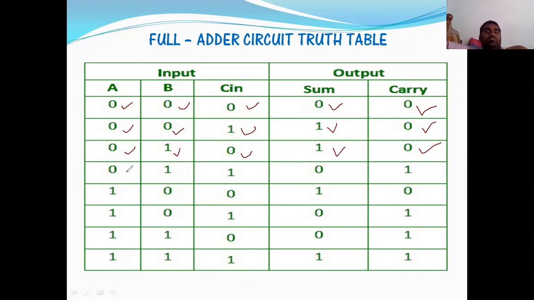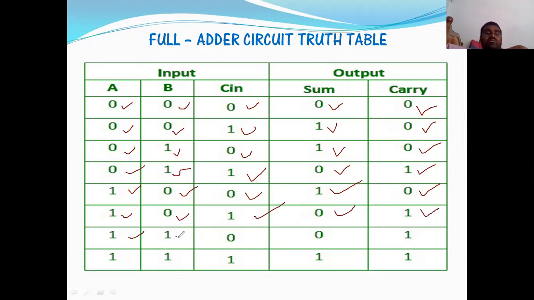And next 0, 1, 1: 0 plus 1 is 1, 1 plus 1 is 0, and carry 1. Then 1, 0, 0: 1 plus 0 is 1, and 1 plus 0 is 1. Sum is 1 and carry is 0. Then 1, 0, 1: 1 plus 0 is 1, 1 plus 1 is 0, and carry is 1.